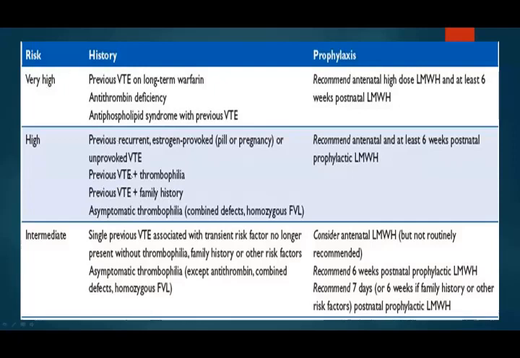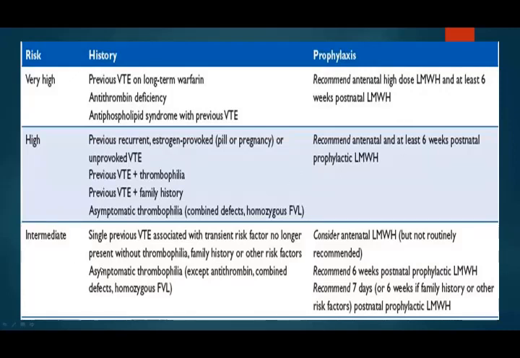So previous VTE, but not itself a patient of thrombophilia, but with a family history. Similarly, asymptomatic thrombophilia, although known, with no previous VTE, in all these cases we recommend antenatal, but not the high dose, intermediate doses, and at least 6 weeks postnatal prophylactic low molecular weight heparin. Here, it's not the prophylactic one, these were the high doses. So you can see the difference now.